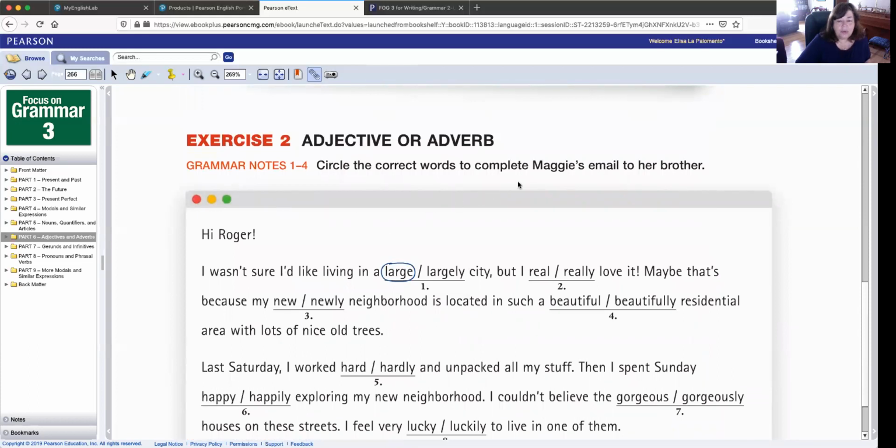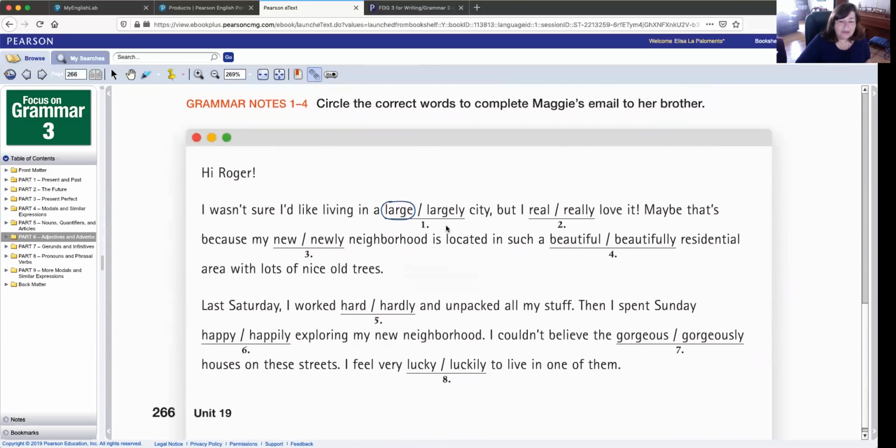Here's your next exercise, exercise 2. Circle the correct words to complete Maggie's email to her brother. So in this exercise, you have a choice between an adjective or an adverb, okay, depending on what you're describing. I wasn't sure I'd like living in, and there's a noun after, the city. So it's city, you have to use an adjective to describe the noun, so you would circle large.